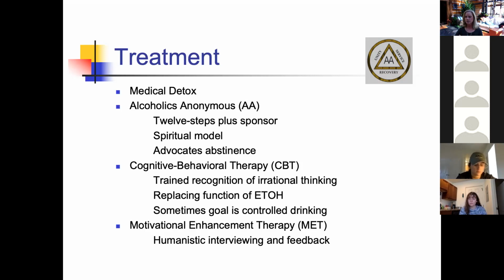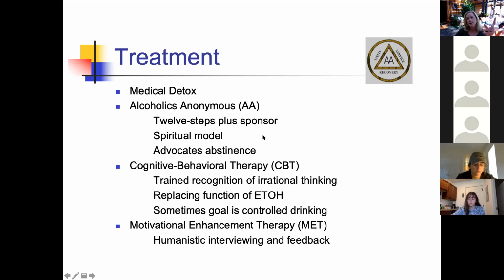It is meant to be a spiritual model, okay? And it is the idea that if you do not have God's love in your life, then you're missing something. And so while individuals are working on getting sober, they are oftentimes embracing that spiritual aspect.